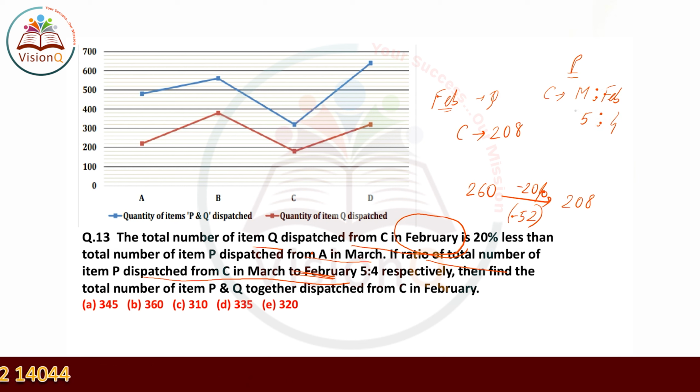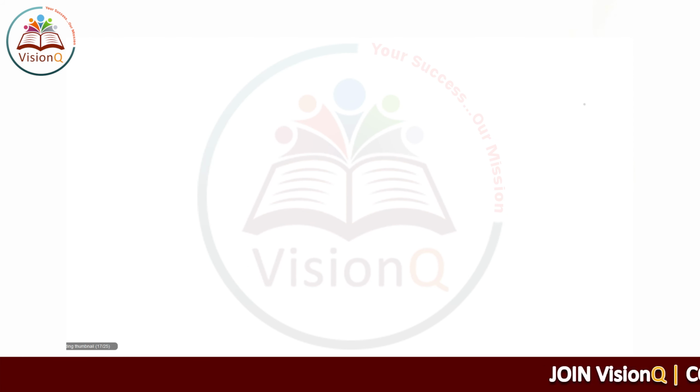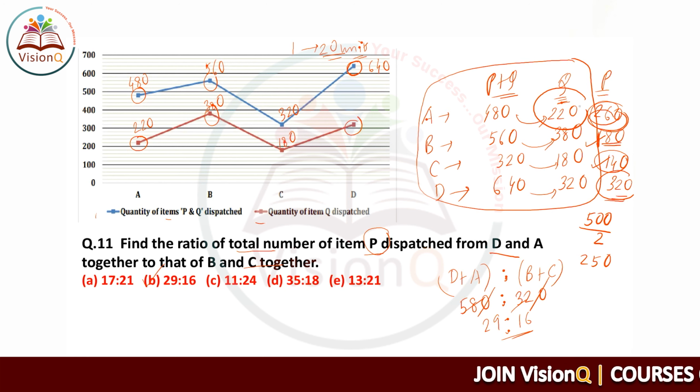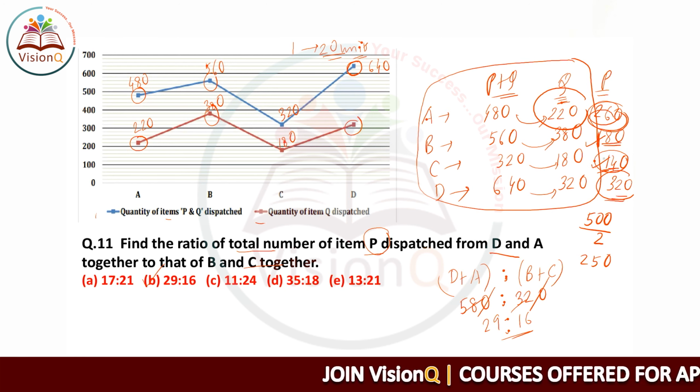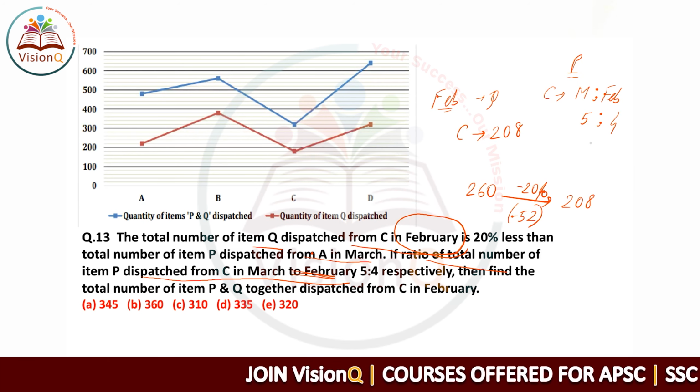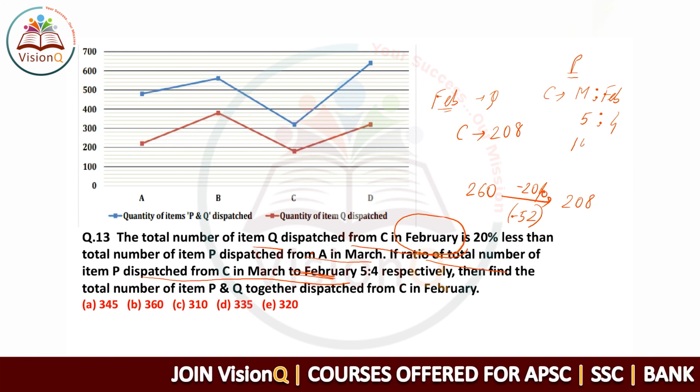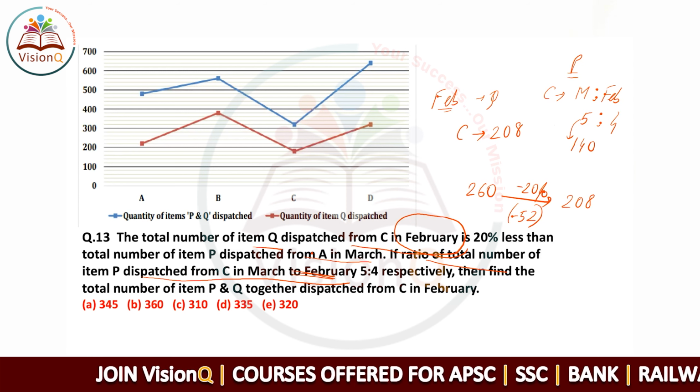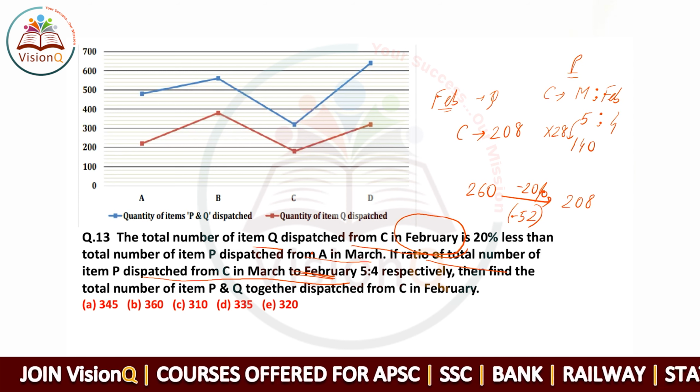Now already I know from the given DI, item P dispatched from C in March was 140. And in the ratio it is 5. So if 5 represents 140, then 1 represents 28, 140 by 5.